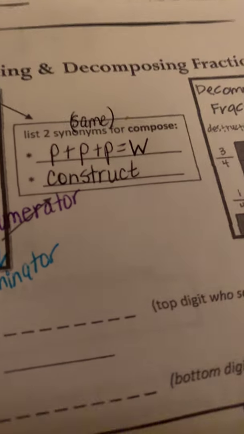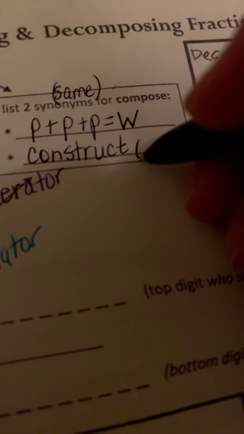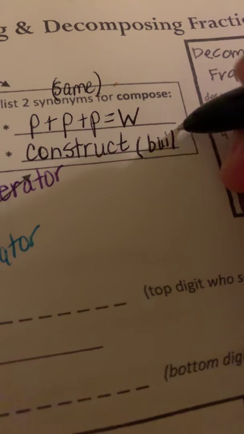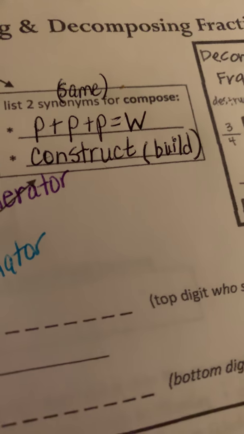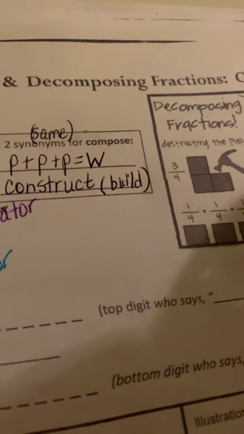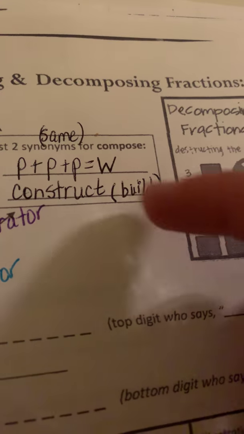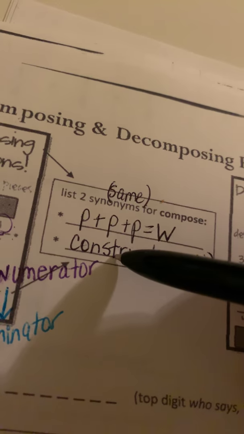Construct. If you construct something, what does that mean? Build. Very good. So like if you construct a building, if you construct a Lego tower, you build. These are good synonyms. All right, so before we look at the other part, if construct means build, prefix D. If you decompose, compose means construct.